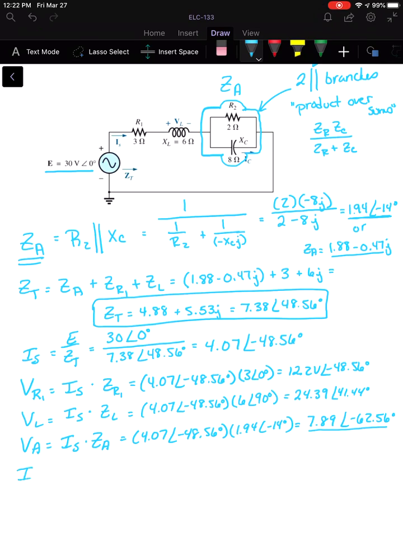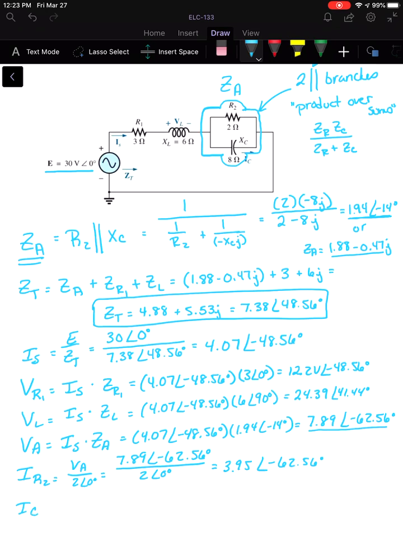So if I want to find the portion of our source current that will be seen through R2, I would just take VA, which is VR2, and divide by 2 at 0 degrees. So that's 7.89 at negative 62.56 divided by 2 at 0 degrees, which means I have about 3.95 amperes at negative 62.56 degrees.